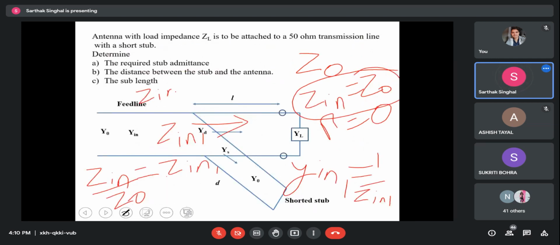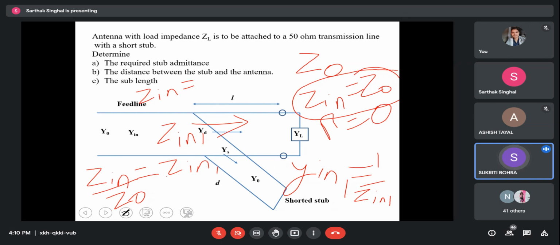What is the equation of z in? Can you tell me? Z naught square by ZL? No. Are we talking about the quarter wave transformer line? Is it a quarter wave transformer line?